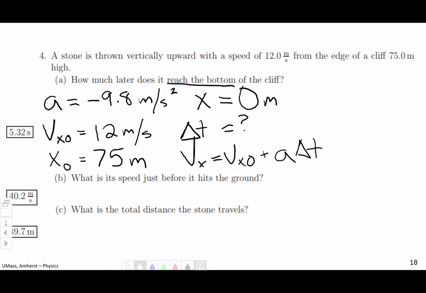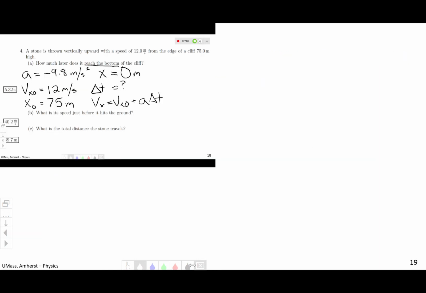My apologies. So Vx is going to be 0 because we're reaching the top, equals Vx0, 12 meters per second, plus a negative 9.8 meters per second squared times delta t.